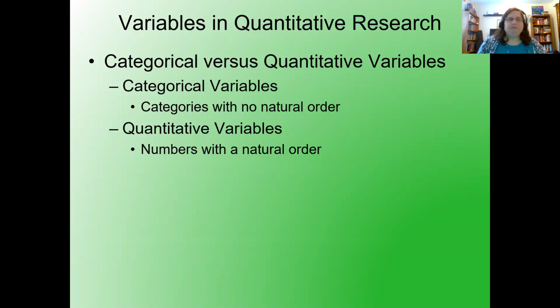Now, in order to really understand these kinds of variables, we're going to break them down into 4 categories. We're going to leave categorical alone. We're just going to change the name. It's quantitative that we are now going to break down into 3 other categories.